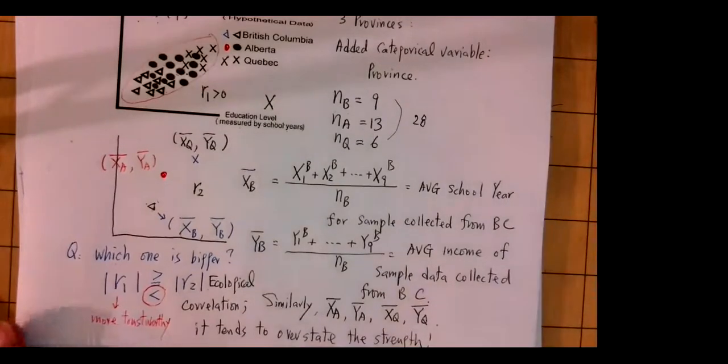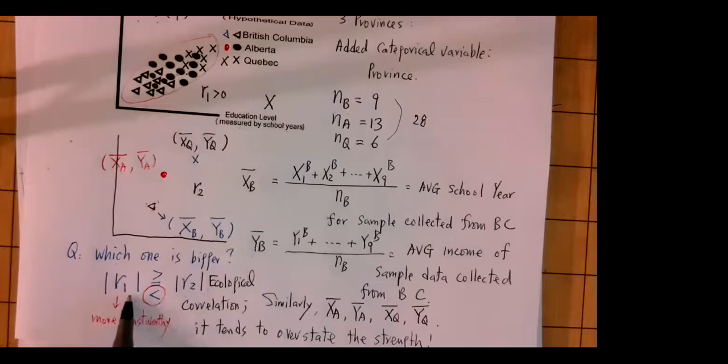Okay? A lot of sociologists like to use ecological correlation. But that way they tend to overstate the strengths. Okay? So be careful. R1 is more trustworthy. Okay?